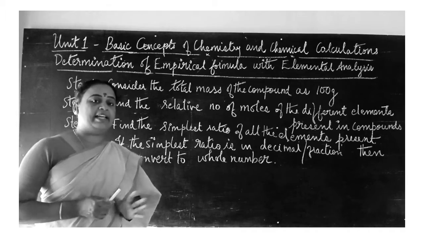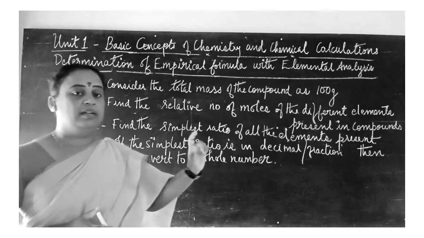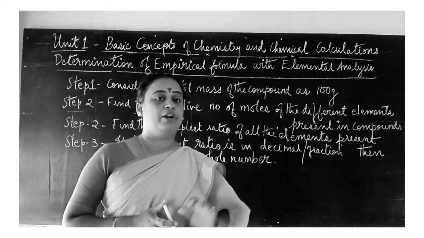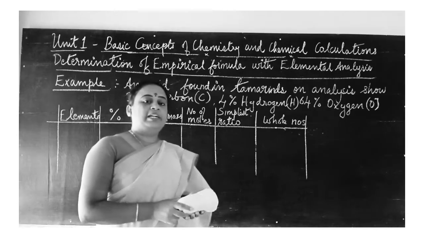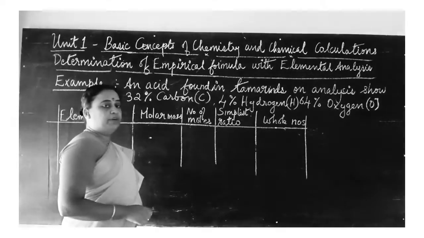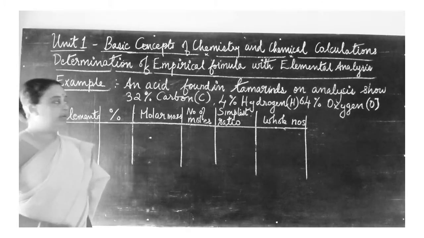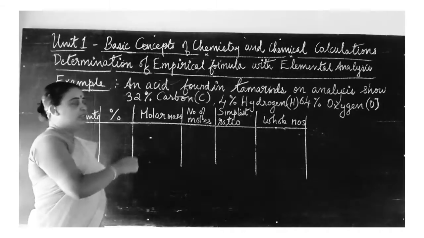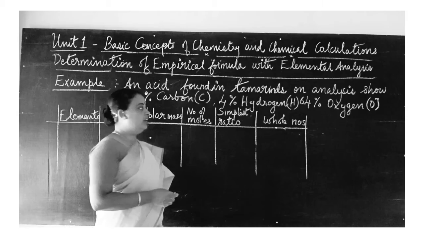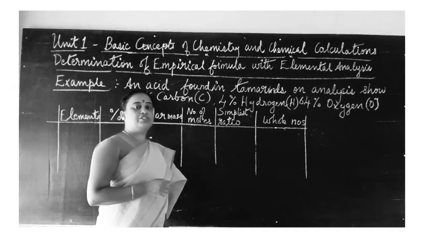So let us take an example and determine the empirical formula for a particular compound. Now let us look into the example. An acid found in tamarind on analysis shows 32% of carbon, 4% of hydrogen and 64% of oxygen.